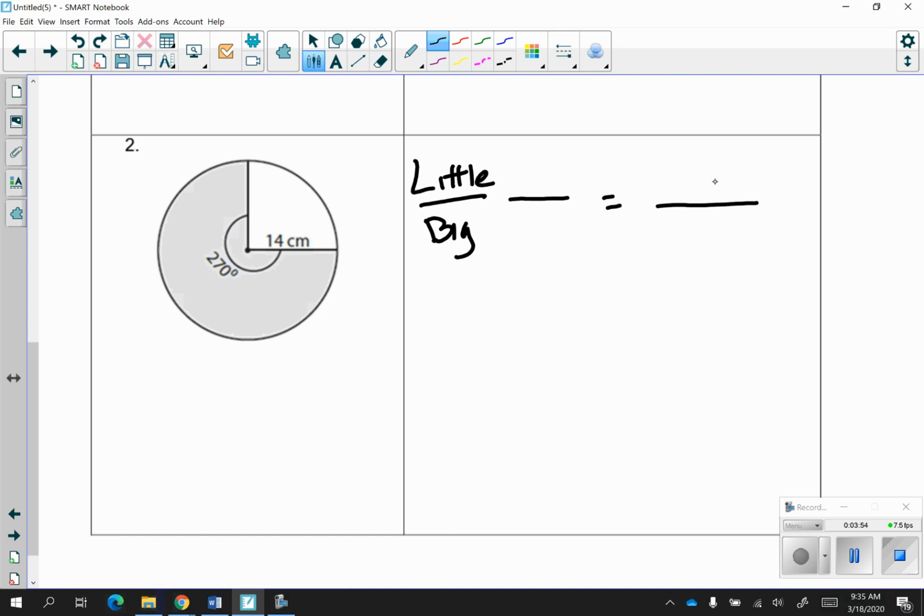The angle is given as 270 degrees over the entire thing. The big piece would be 360 degrees. And it says we're looking for the shaded section, so we don't know that, over the area of the entire circle, which is pi times the radius squared.